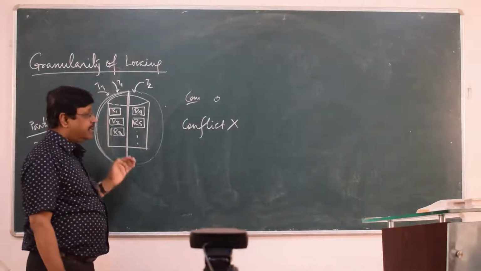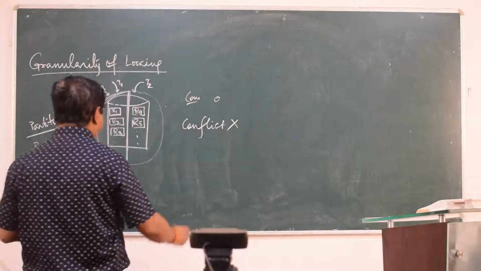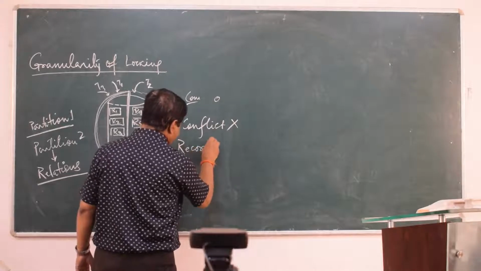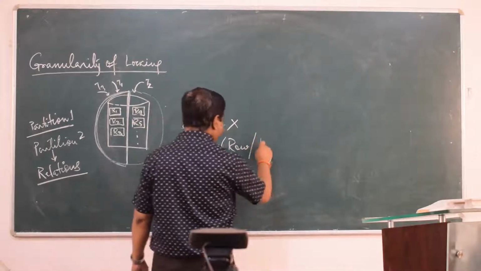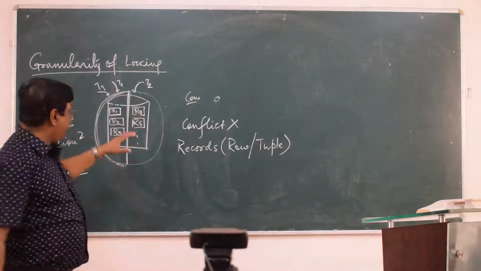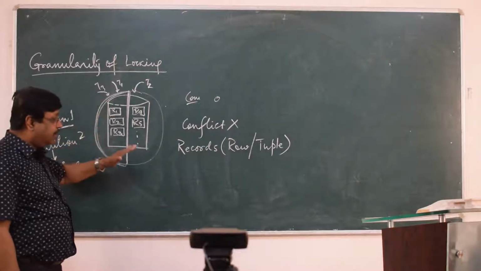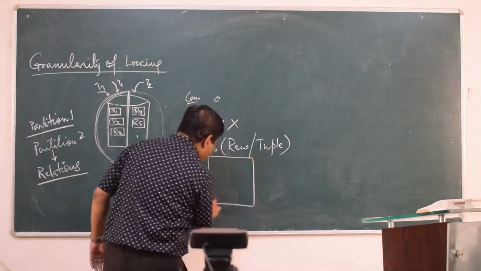We enter into finer level mode. Finer level means now we enter at the level of records, or we may say row, or we may say tuple. So in place of locking the entire relation, we lock a particular row of a table. Say this is a relation.